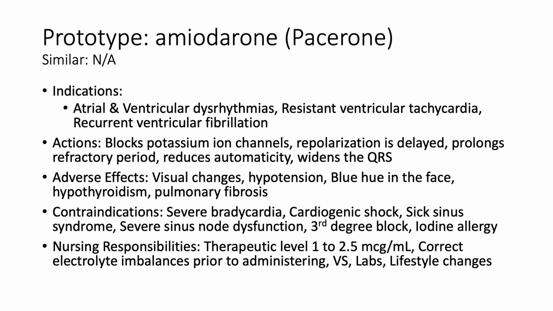All these other ones, sick sinus syndrome, severe sinus node dysfunction, third degree block, those are all different ways of saying you don't have a good regular rhythm, and it's likely slow. So if your sinus node isn't working, you likely aren't producing a regular normal sinus rhythm, so you likely have a very slow pulse, such as in third degree block.